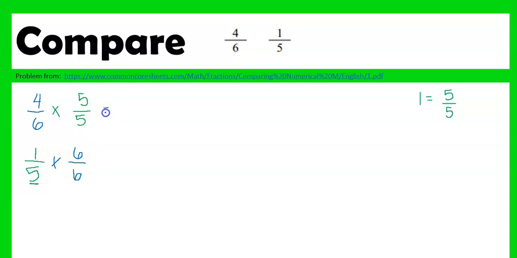So when I do this, my answer becomes 4 times 5 over 6 times 5, and the answer is 20 over 30.